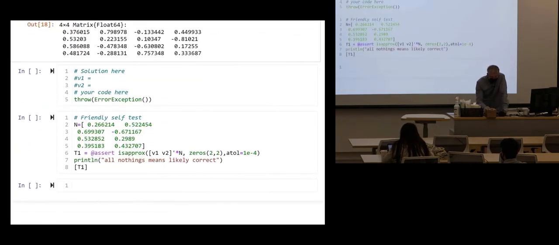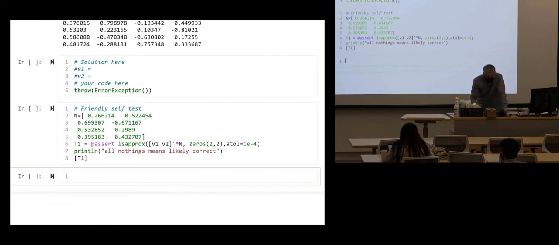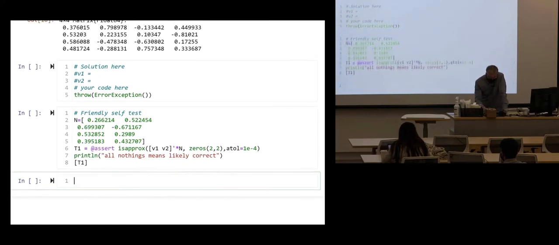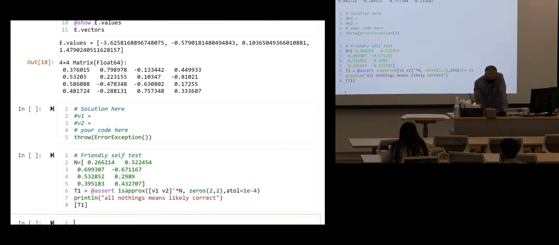Okay, so write your vectors, and then you can check it here, and you'll see that the assertion test doesn't tell you which vectors it is, because we just calculated some vectors that are orthogonal to those, and we just checked that you've got two vectors that are orthogonal to them. And so if you return 0, 0, then you will pass this test.